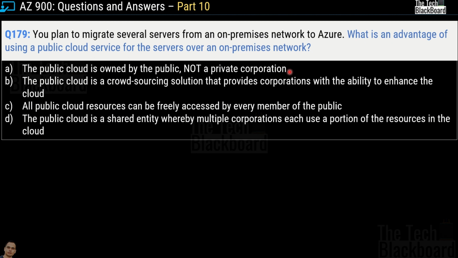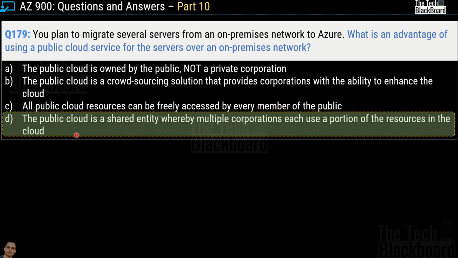The second option is the public cloud is a crowdsourcing solution that provides corporations with the ability to enhance the cloud. The third option is all cloud resources can be freely accessed by every member of the public. The fourth one is the public cloud is a shared entity whereby multiple corporations each use a portion of the resources in the cloud. And the correct answer for this question is option D.